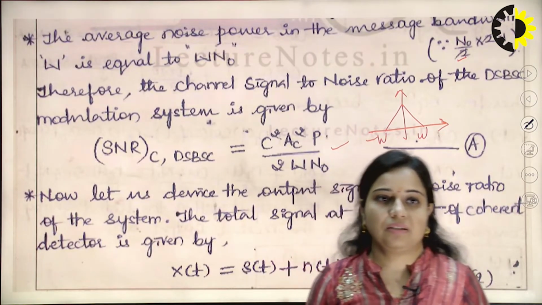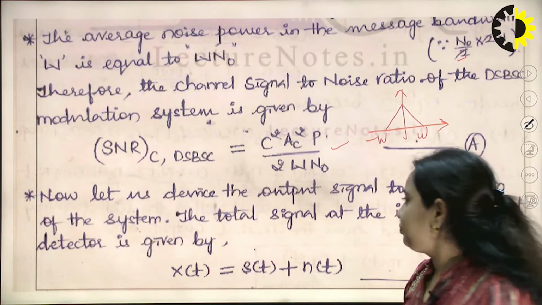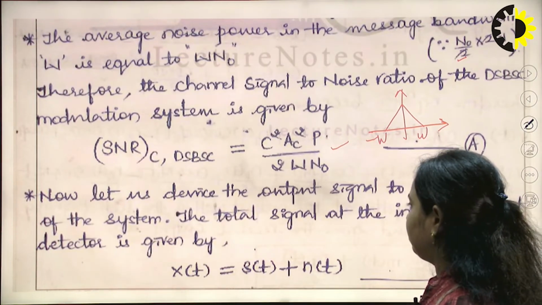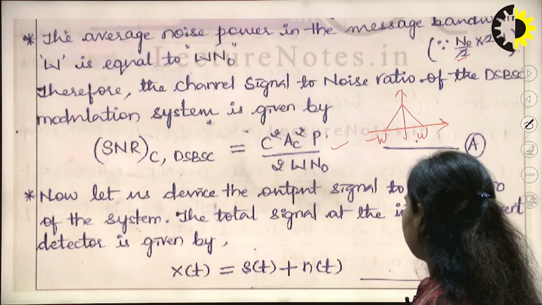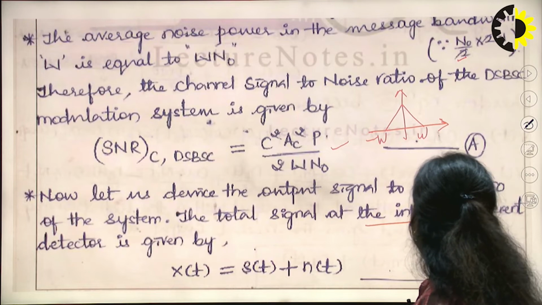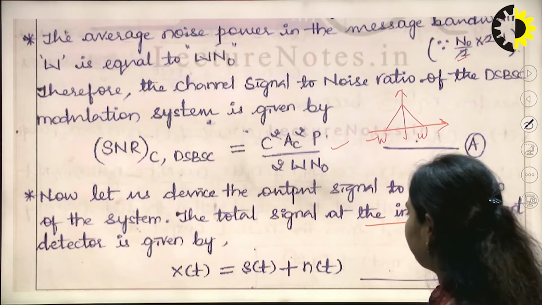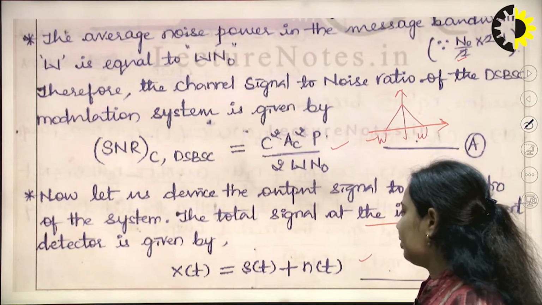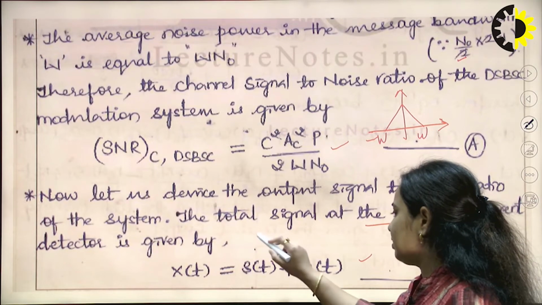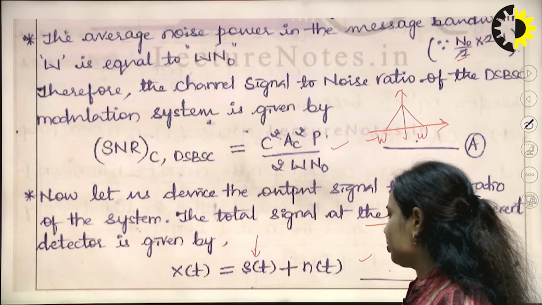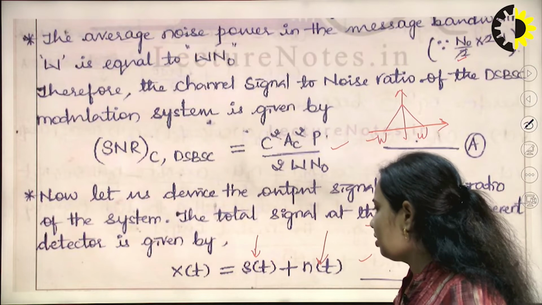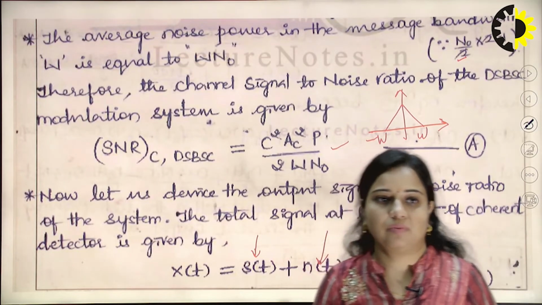Now, let us derive the output signal to noise ratio of the system. The total signal at the input of the coherent detector is given by x(t) = s(t) + n(t). Here s(t) is the input signal, and n(t) is the noise that we have considered.